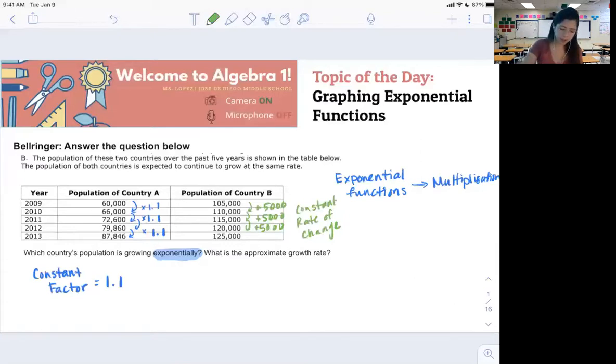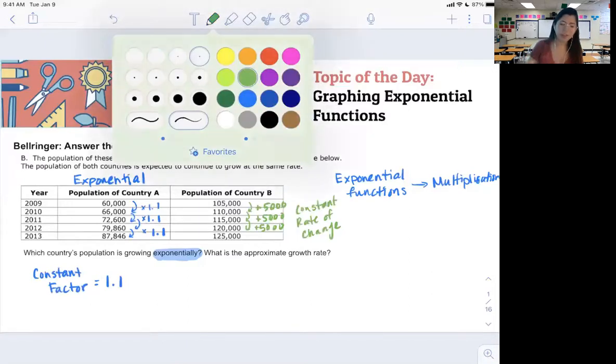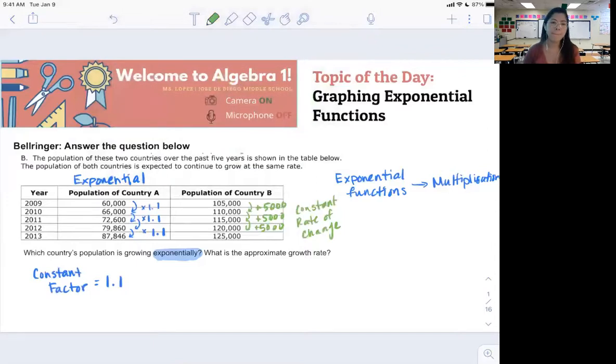So long story short, we know that country A is growing exponentially. And what about country B? What type of function does that one follow? It's not exponential. What is it? Linear.